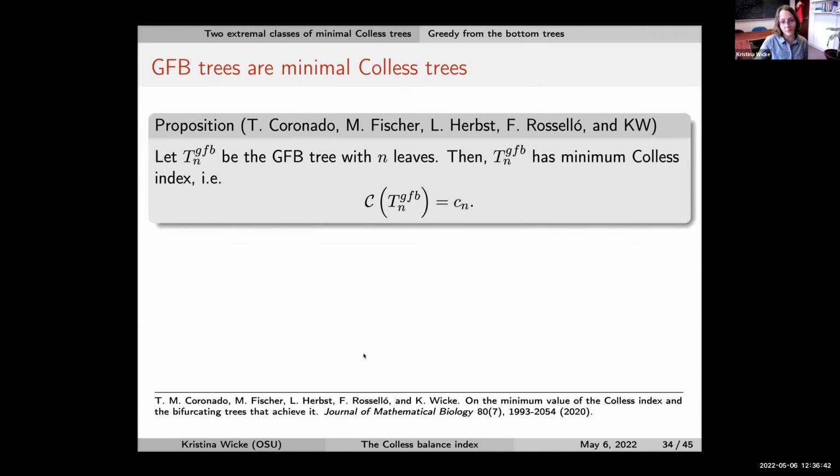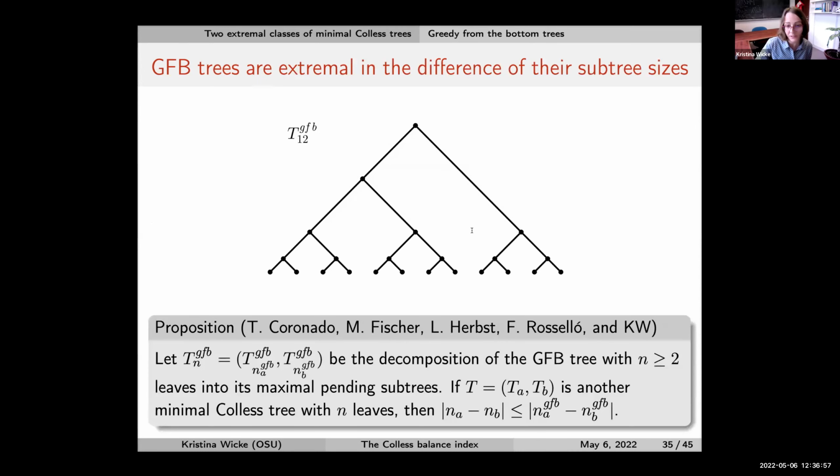The greedy from the bottom trees are also Colless minimal trees, or in other words, the Colless index of the greedy from the bottom tree on n leaves is again C(n). These trees turn out to be extremal in the following sense: if we have a greedy from the bottom tree and consider any other minimal Colless tree on the same number of leaves, then the difference in subtree sizes in this other tree cannot be bigger than in the GFB tree.